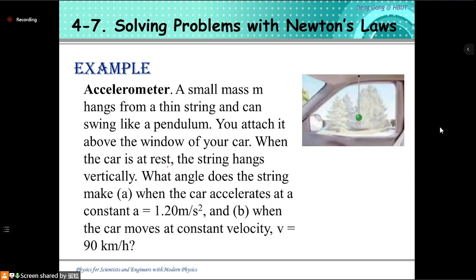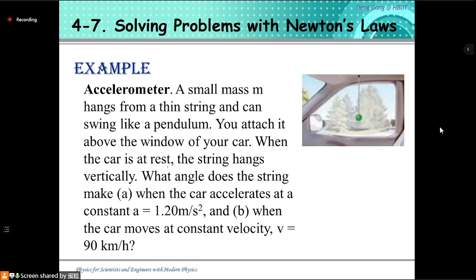Because if it's hanging vertically, the force on it is all in the vertical direction. The tension and the gravity are all in the vertical direction. They cannot produce an acceleration in the horizontal direction, right?